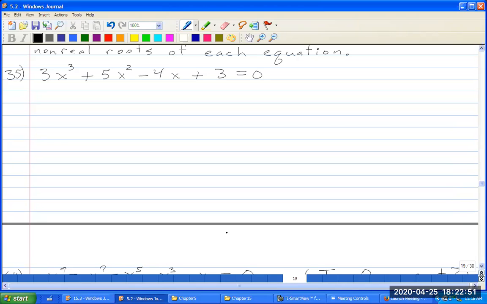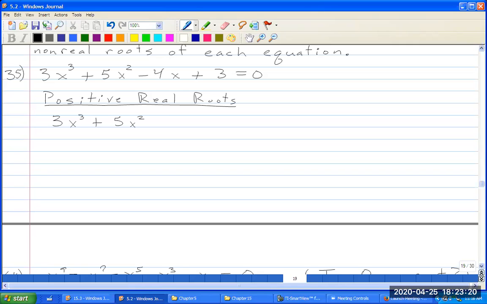First, let's look at positive real roots. I'm going to look at the sign changes for the polynomial.